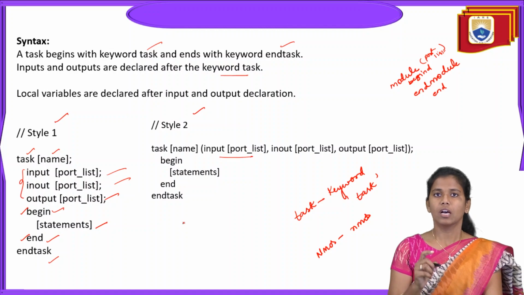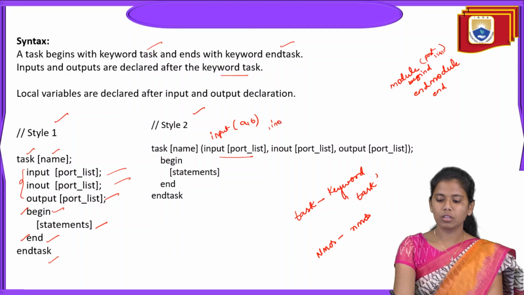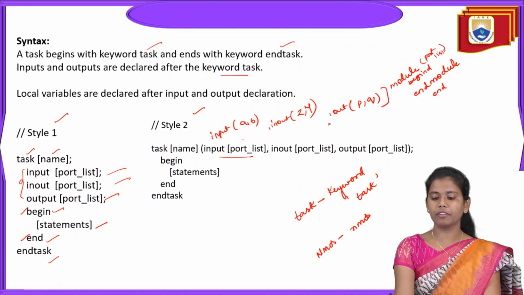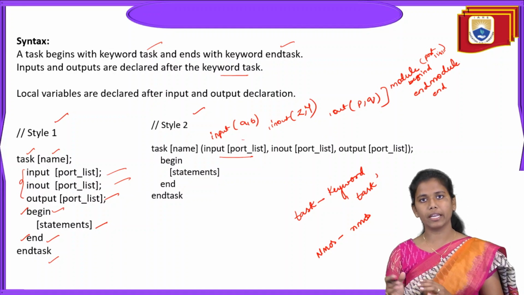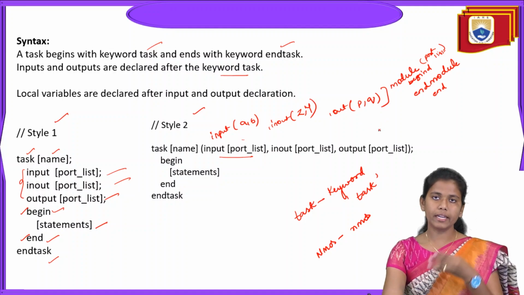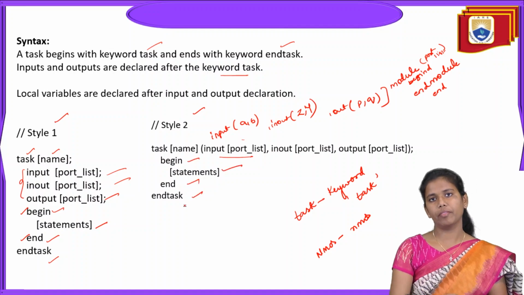In the port list, we separately mention the inputs, for example A comma B, then the inout ports Z comma Y, and the output ports P comma Q. So in the port list itself, we separately declare all the inputs, outputs and inouts. This is the other way of writing the task, followed by begin, statements, end, and then endtask.